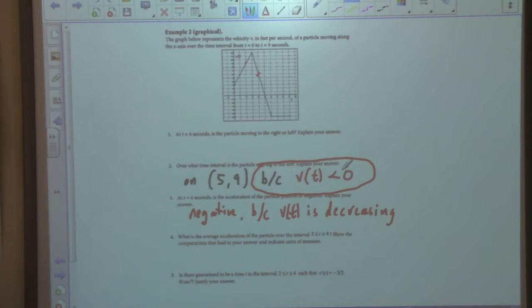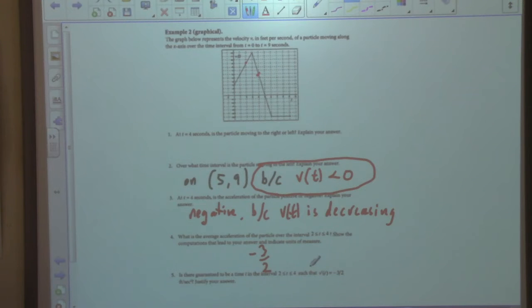I don't know if that's right, but let me show you what I did. Right here is your average rate of change. Here's 2, and here's 4. And so you're going down 3 and over 2. So this would be negative 3 over 2.